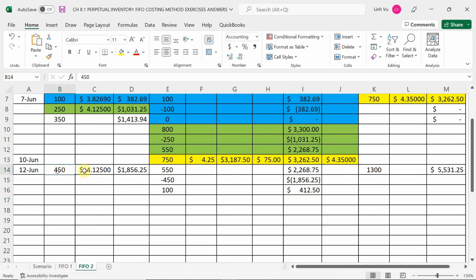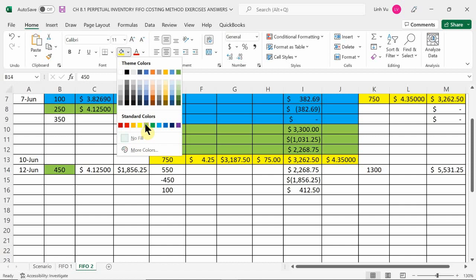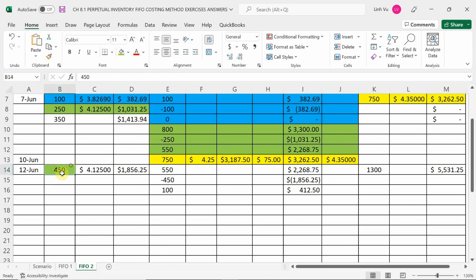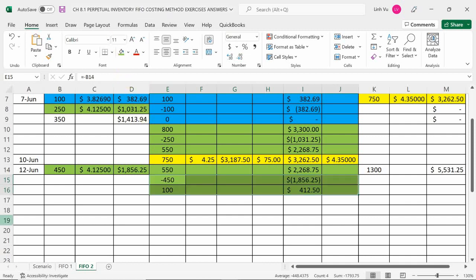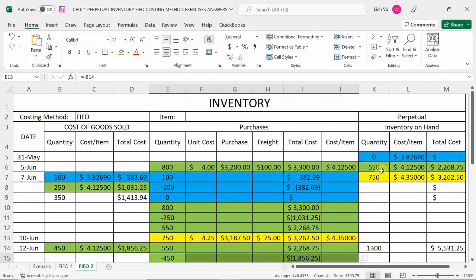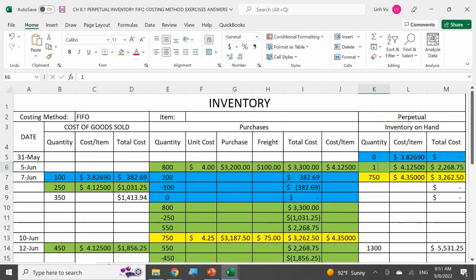Okay. So again, this was my green batch of inventory. And now I can go ahead and update my green because now I have 100 left.